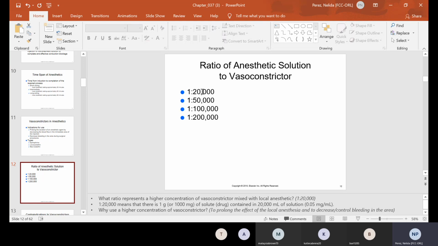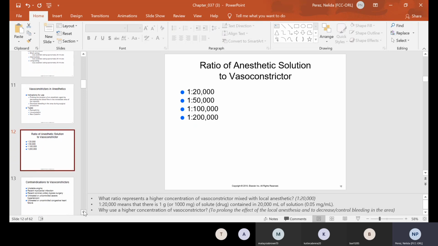Okay, it's the first one, all right? And what that means is that there's 1 gram or 100 milligrams of solute drug contained in 20,000 milliliters of solution. We use a higher concentration of vasoconstrictor to prolong the effect of the local anesthesia and again to decrease and control bleeding in the area.